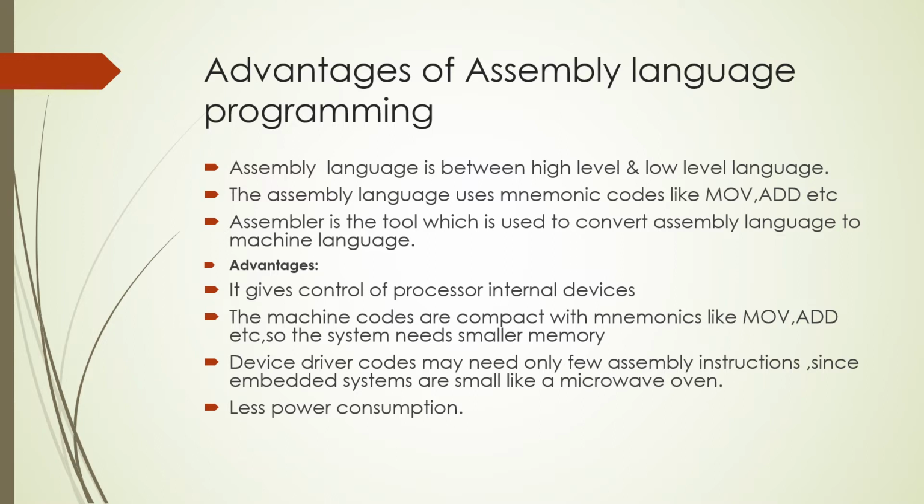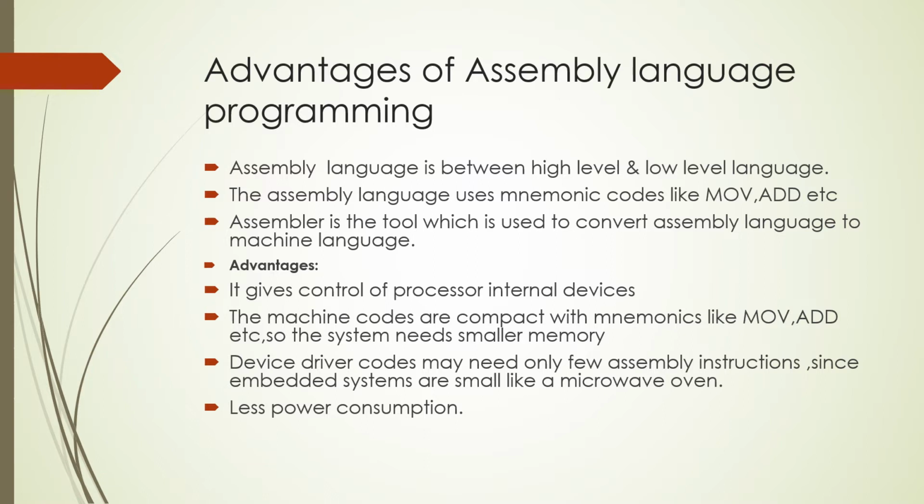An assembler is the tool that is used for converting assembly language to machine language. The advantage of this is that we have control of the processor and internal devices. And because of these mnemonic codes, the machine code is more compact, so smaller memory is enough. Similarly, device driver codes need only a few assembly instructions.